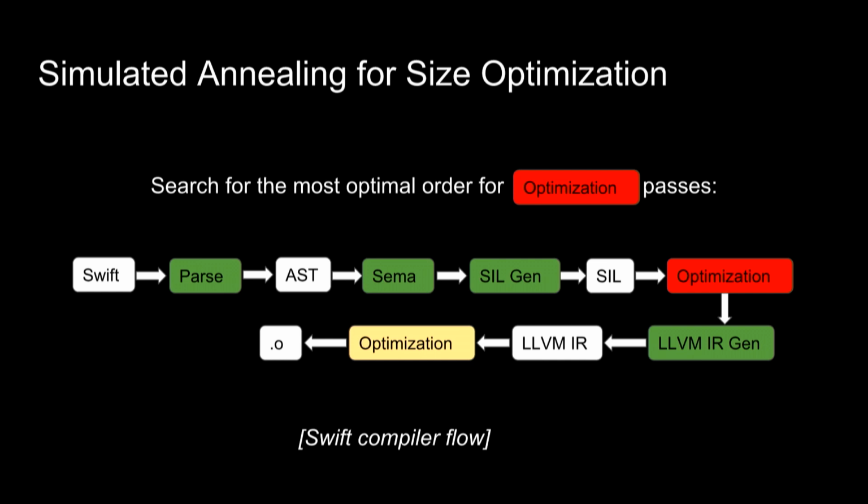Let's take a look at the Swift compiler flow. It takes the Swift source code and parses it to generate an abstract syntax tree. Then it runs semantic analysis on it and generates a Swift intermediate language representation called the SIL. It applies optimizations on SIL, and then the LLVM IR generation step lowers that SIL code and generates LLVM's intermediate representation called LLVM IR.